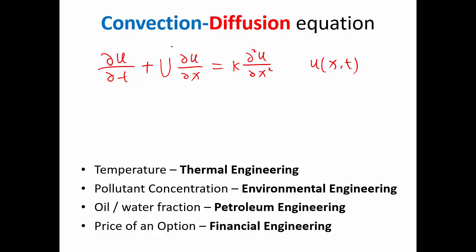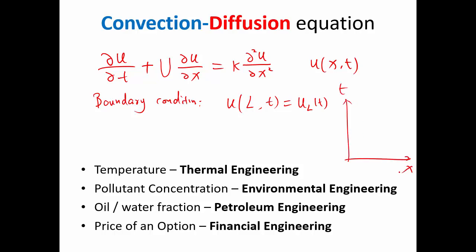And in particular, we are going to solve this equation with boundary conditions. The boundary condition says that the solution at a particular x and a particular time t is equal to, let's say, u_L of t. So we are solving this on the domain of space and time.